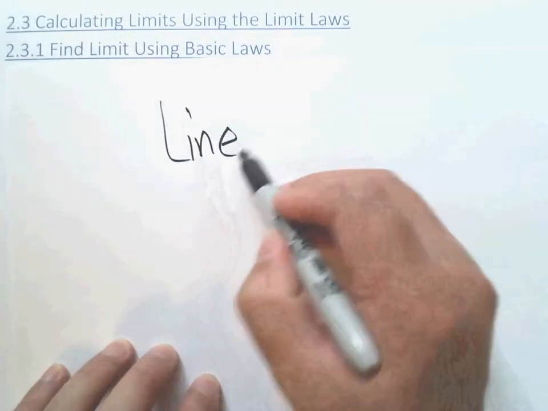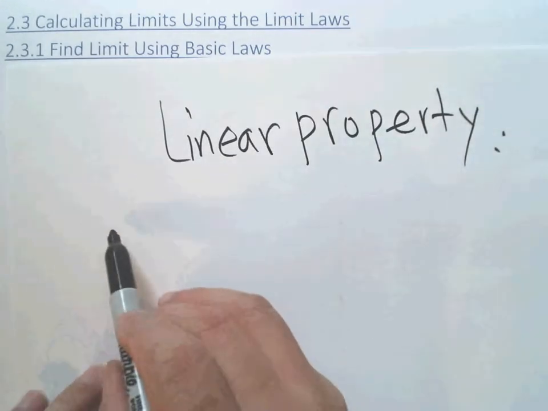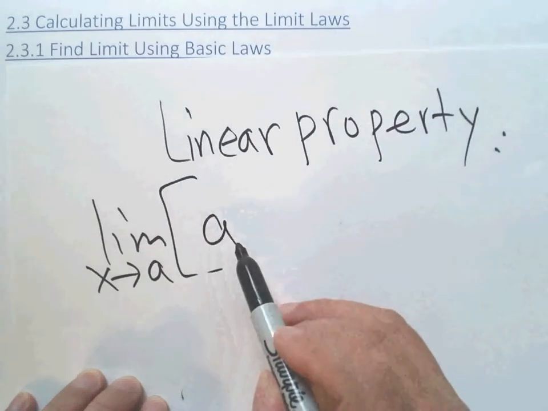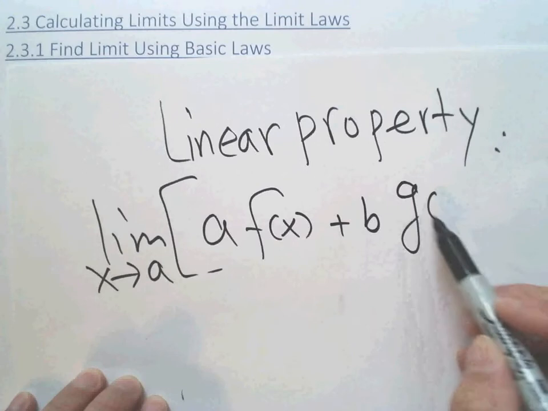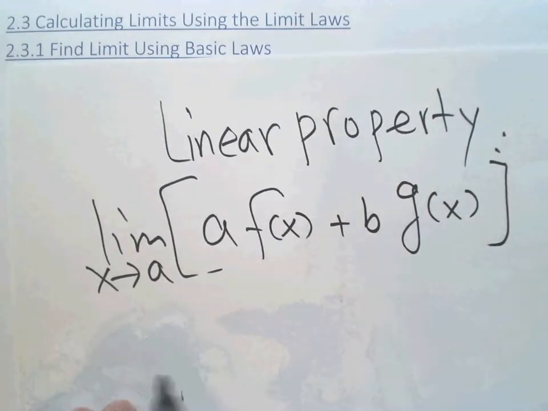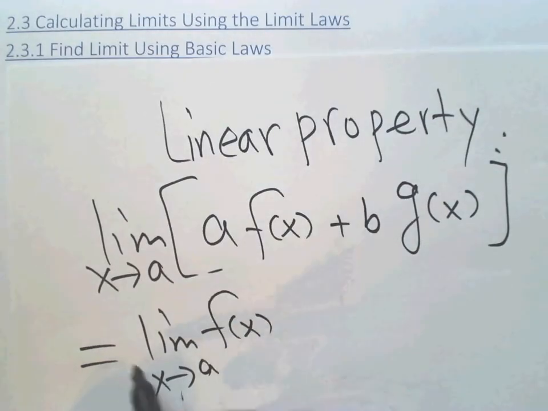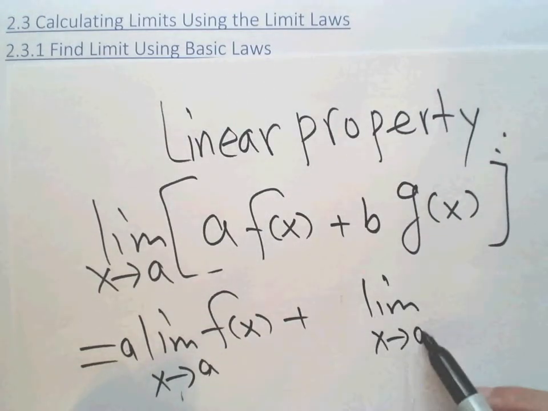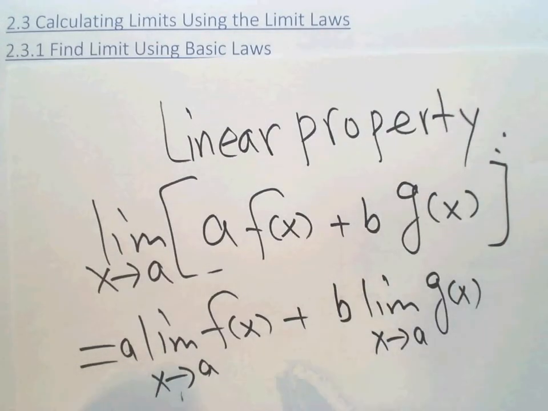The limit of a linear combination of two functions, a f(x) plus b g(x), equals the linear combination of the two limits, which means the limit of f(x) with a put here, and the limit of g(x) with b put here.